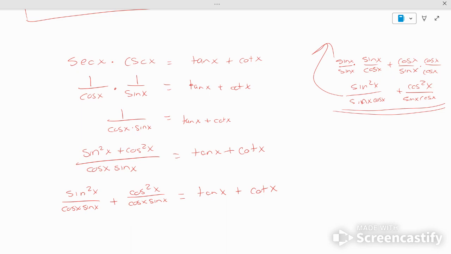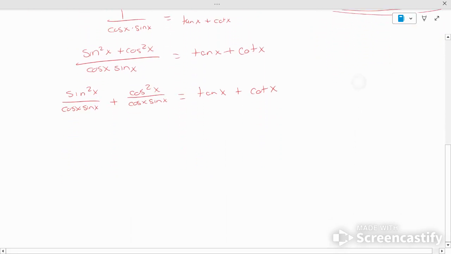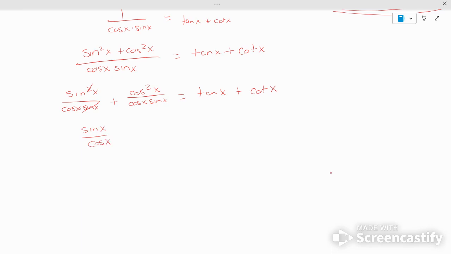What can I do with the left fraction there? I can cancel one of my sines with one of my sines, right? To get sine of x over cosine of x. Here I can cancel a cosine with a cosine to get cosine of x over sine of x.